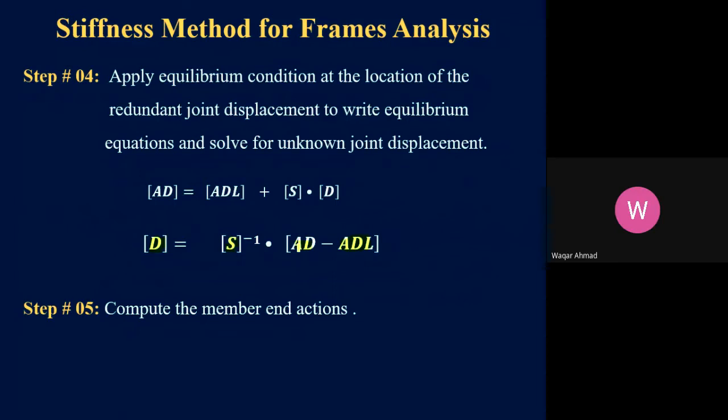So the external moment, or if there is any external horizontal or vertical action acting at your specified displacement, you will choose that as your AD matrix value. Once you get the value of this D matrix, using it you can then compute the member end actions in step number 5.